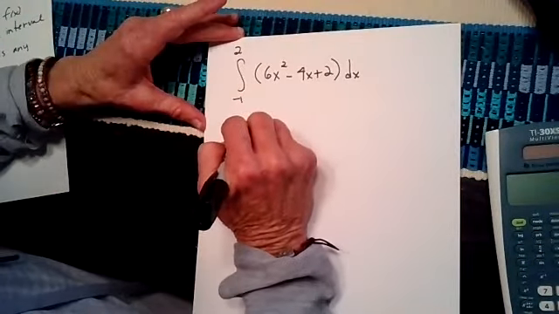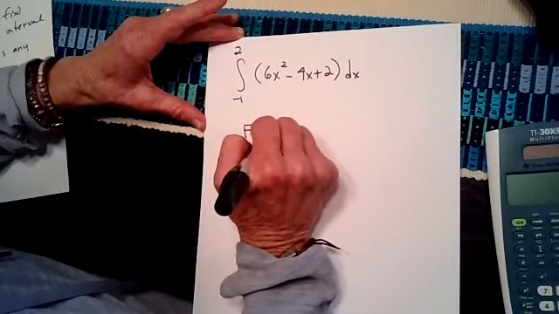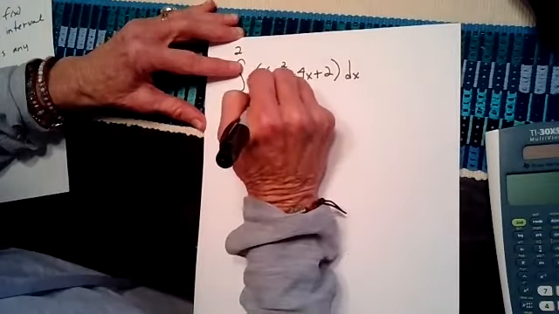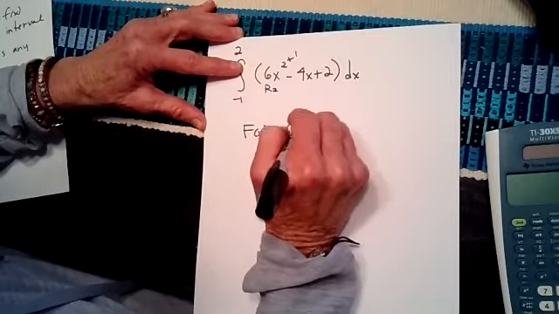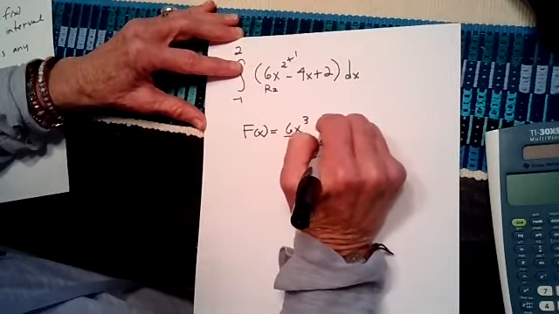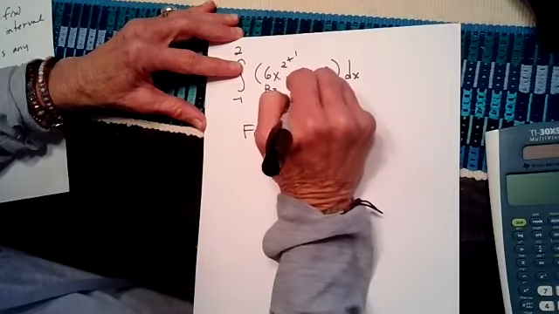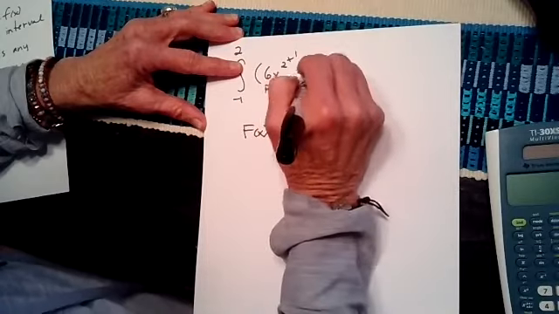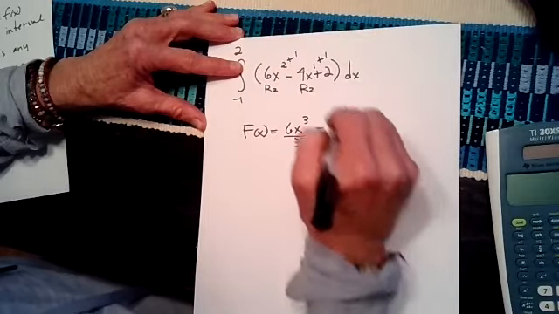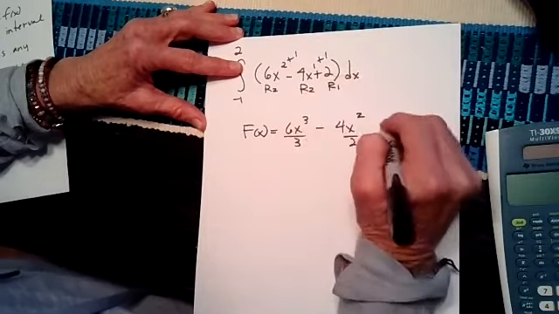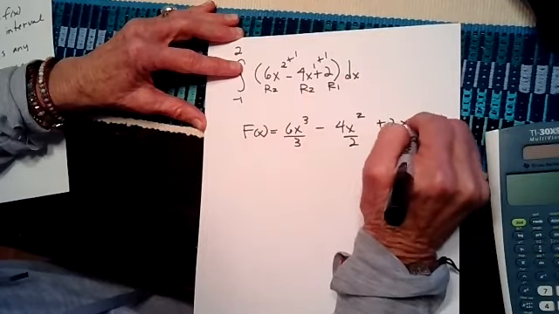Okay, so capital F of x is, now remember, this is going to be rule 2 because we just add 1 to it, minus, and then this is also rule 2 because we just add 1 to the understood 1 exponent, and this is rule 1, so plus 2x plus c.